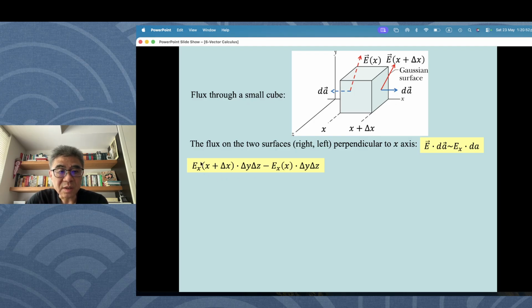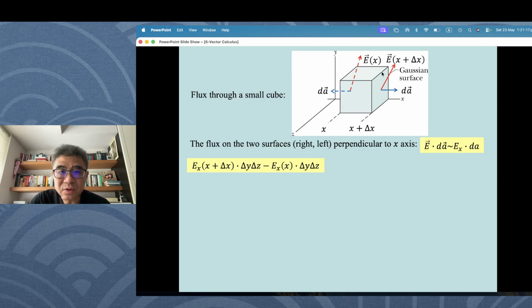So this is the x component of the electric field times the area of the square, which would be delta y, delta z, because I assume that the lengths of the edges are delta z and delta y. It is not listed on the diagram, but it is obvious from observation.